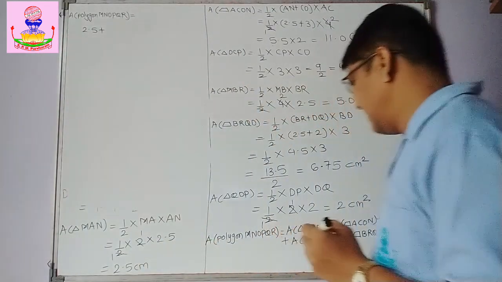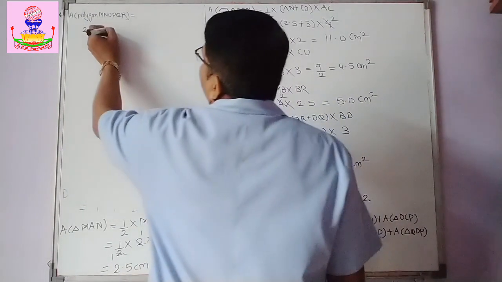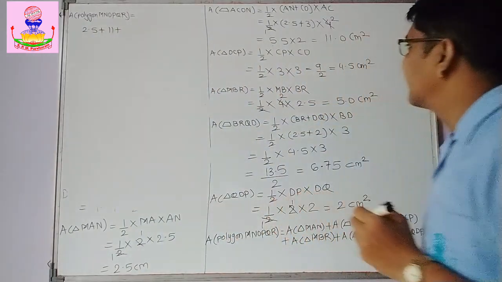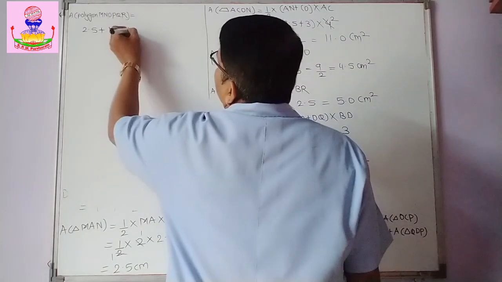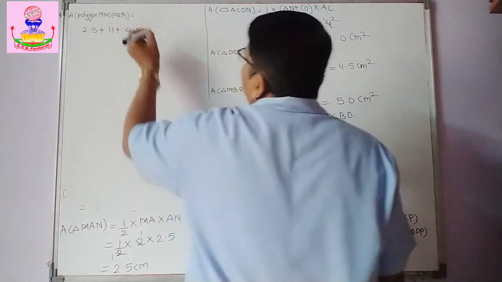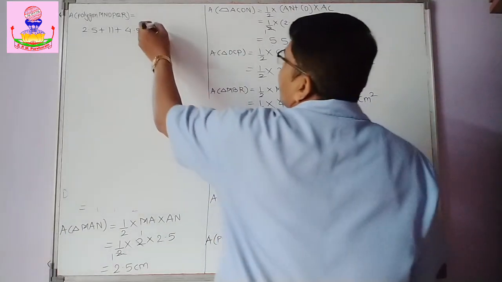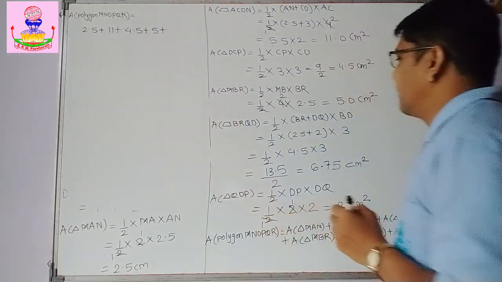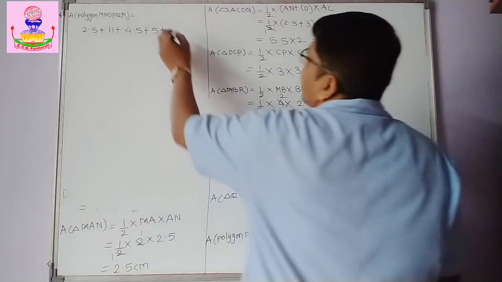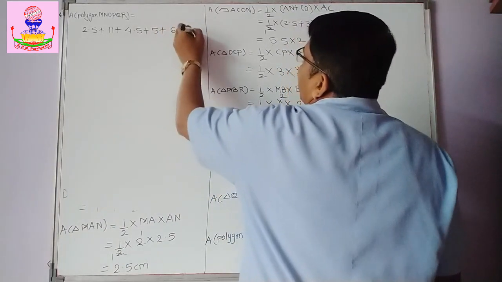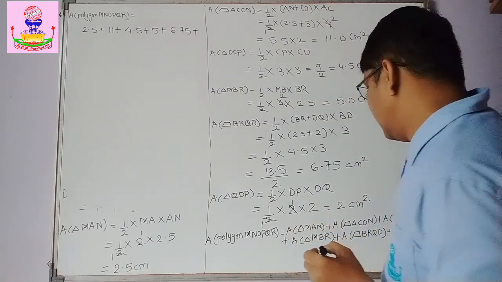So 2.5 plus area of quadrilateral ACON, so 11, plus area of triangle OCP 4.5, plus area of triangle MBR 5, plus area of trapezium BRQD 6.75 and plus area of triangle QDP.